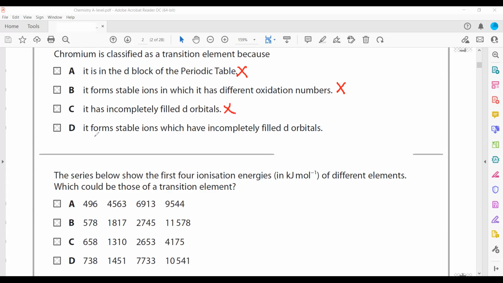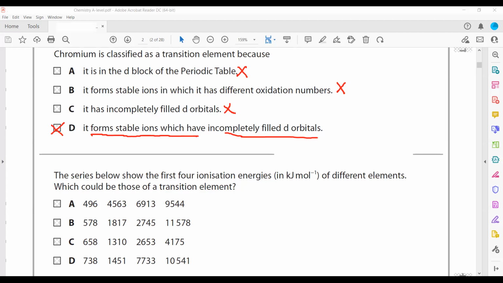To be a transition element, it should form a stable ion and have an incomplete d orbital. The d orbital is still incomplete, but the ion which is formed is very stable. So that is a characteristic of a transition element, that they form stable ions with an incomplete d orbital. So D is the right answer.